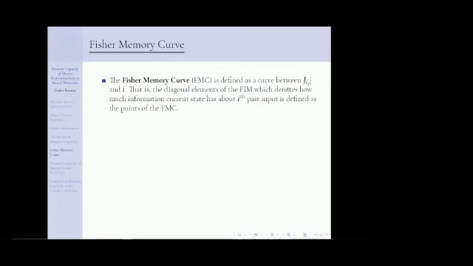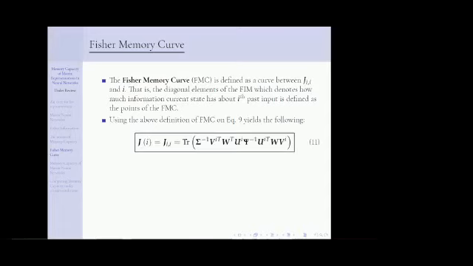That means the diagonal elements, which denote how much information the current state has about the ith past input, are defined as the points of this curve. And we will plot this curve, as you will see in the final slide, where we conclude our talk.